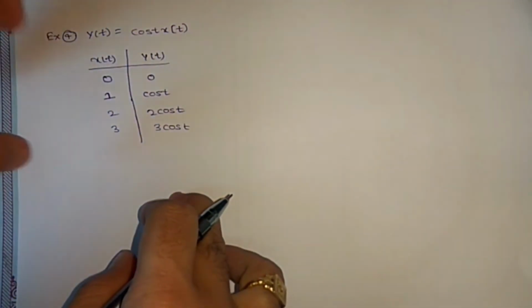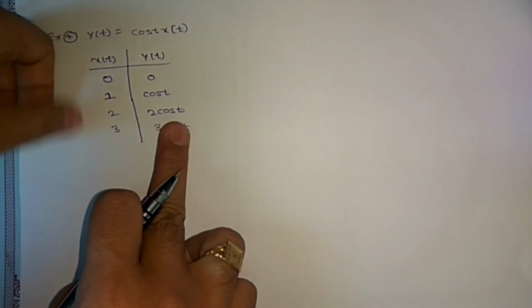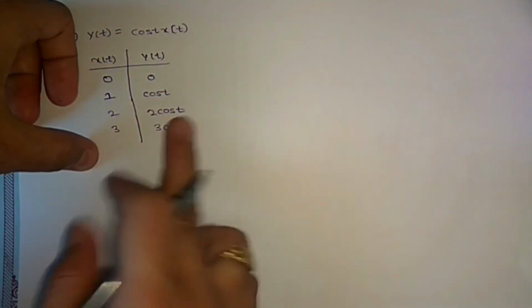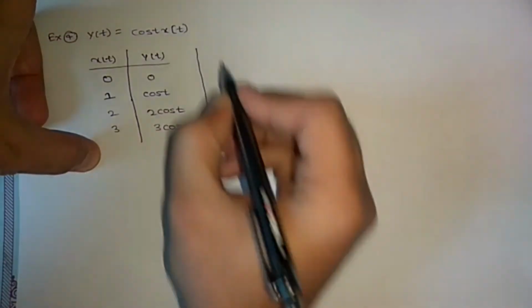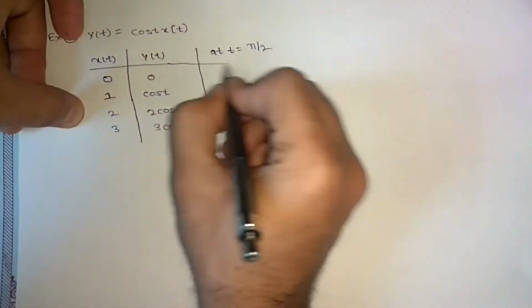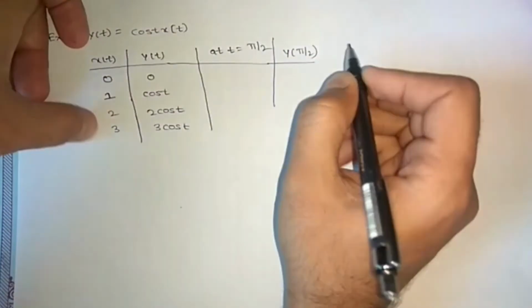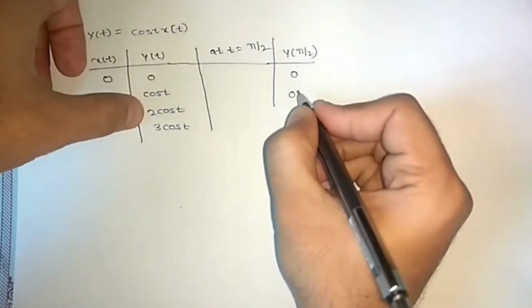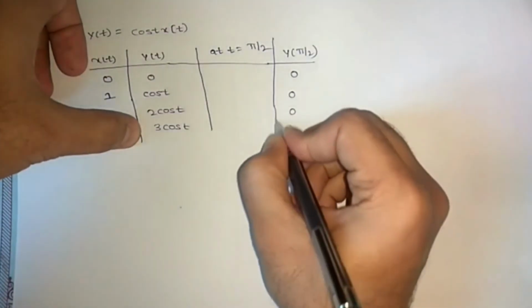But be careful about the instant of time at which you are looking. Assume t equal to pi by 2. Then what will happen to the output? I am looking at y of pi by 2. Cos 90 is 0, so the output is 0.